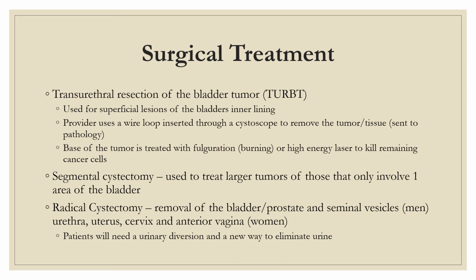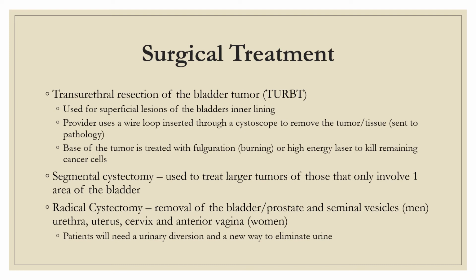And also, where they took the tumor out, they're going to cauterize that lining a little bit. That's also known as fulguration, or burning. So they're using a high energy laser to kill the remaining cancer cells that may still be living on the inner lining of the bladder.